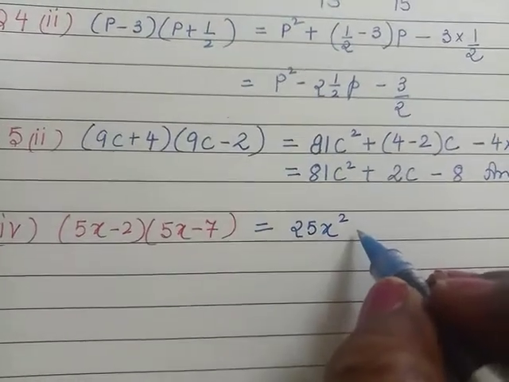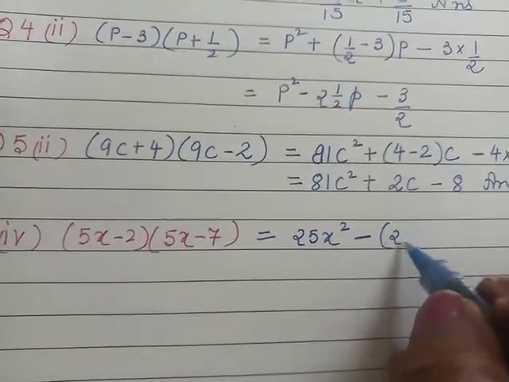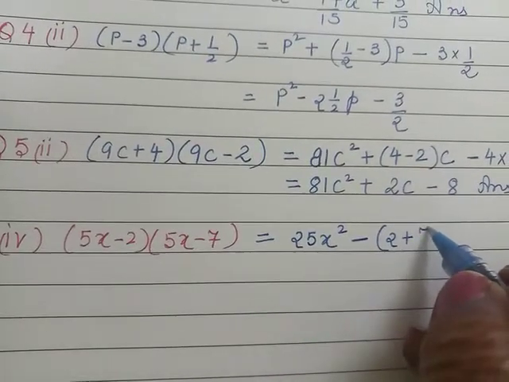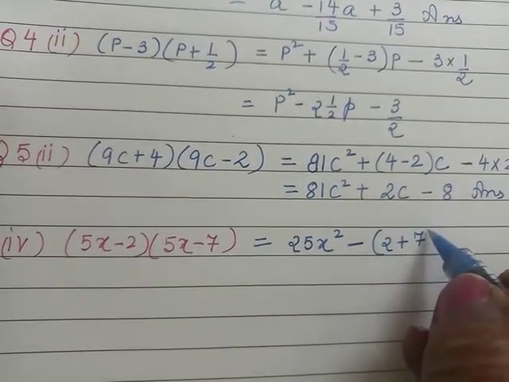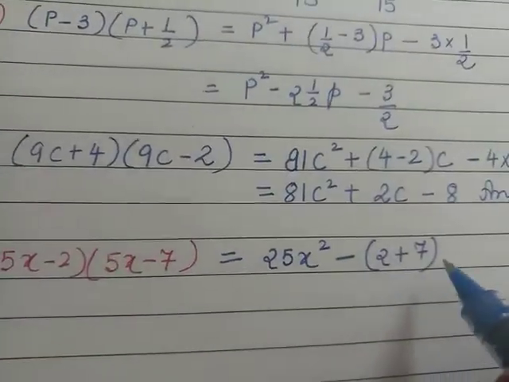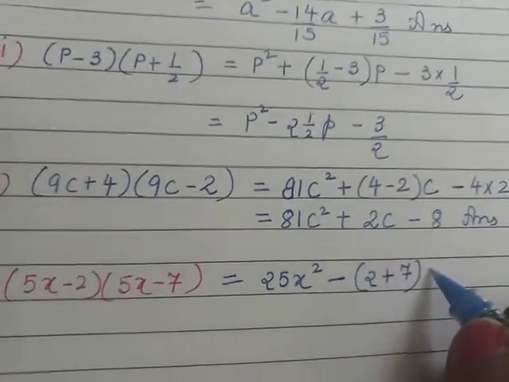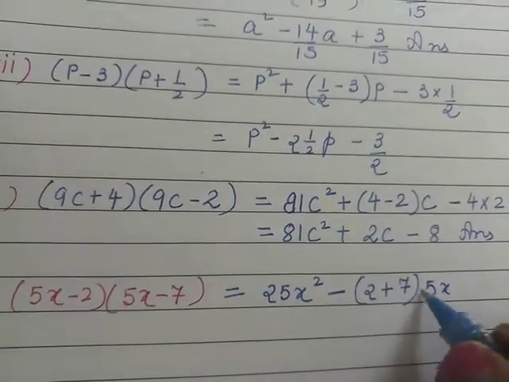When both are negative, we write the negative sign outside and we add both inside the bracket. That becomes 2 plus 7 and into 5x.